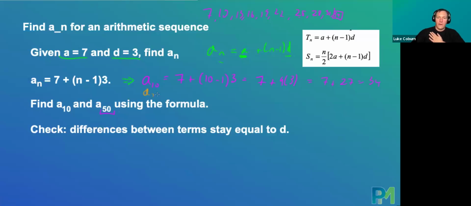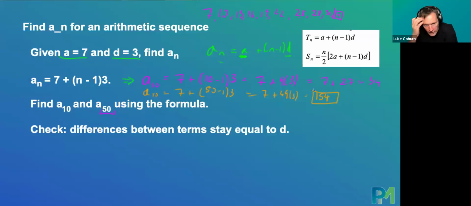But what about A50? Well, that's going to be 7 plus 50 minus 1 times 3. So 7 plus 49 times 3. And if you want to know what 49 times 3 is, just say 3 times 50, which is 150, and subtract 3, because it's not 50 threes, it's 49 threes. So 50 threes minus one 3. That'd be 147, plus 7 would be 154.